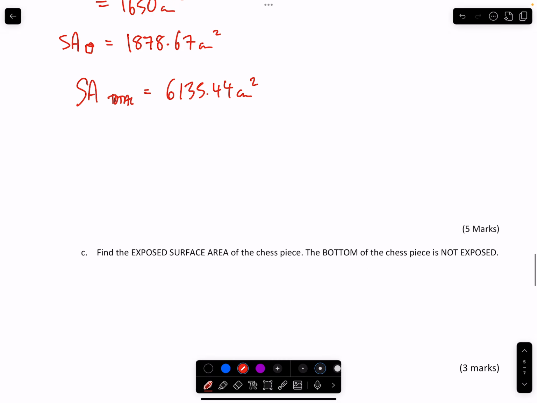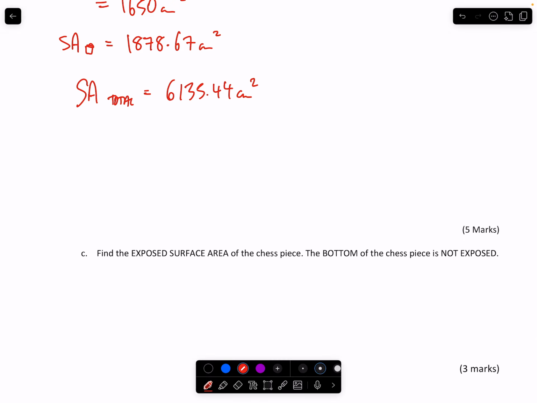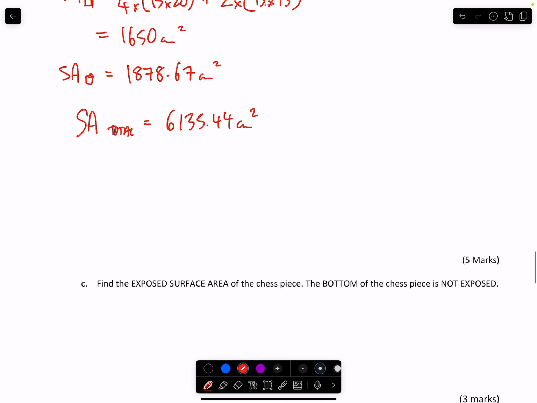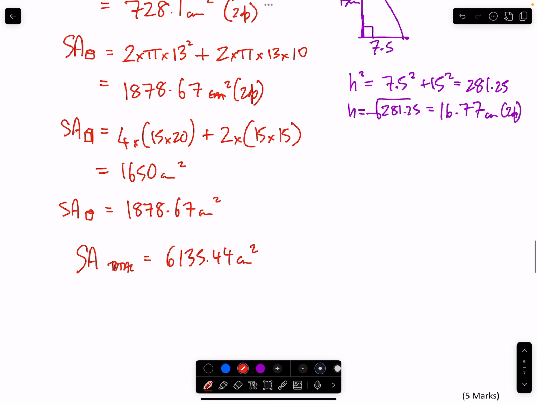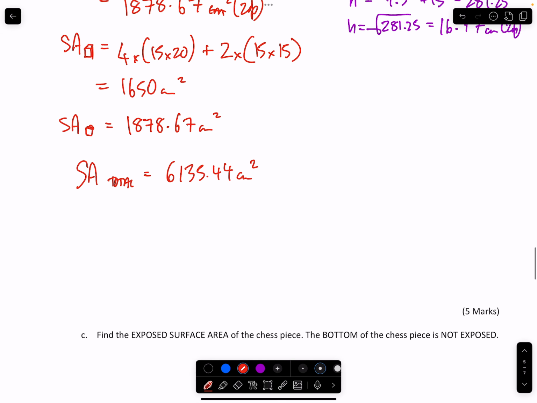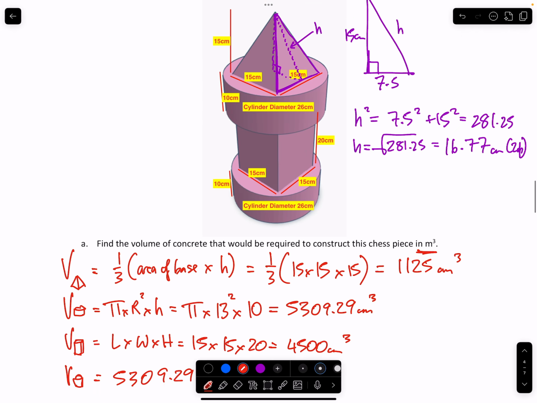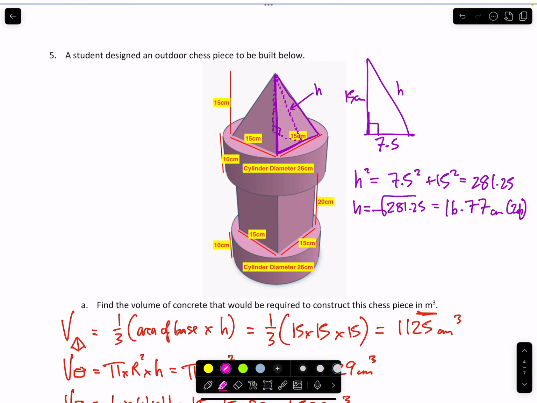Find the exposed surface area of the chess piece. The bottom of the chess piece is not exposed. So what we have found is all the surfaces of this chess piece, but not all of them are exposed. If we look at that diagram, you are going to have this square on the bottom of the pyramid not exposed, and that square also not exposed on the top of the cylinder.